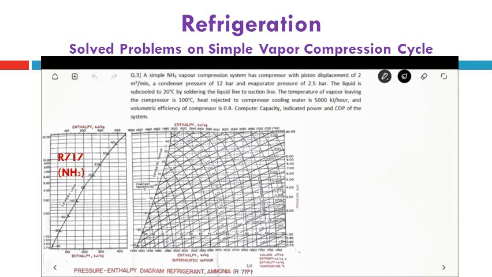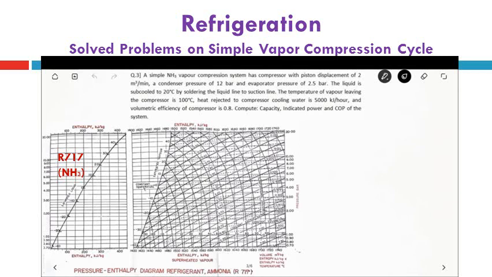The temperature of vapor leaving the compressor is 100 degrees Celsius. Heat rejected to the compressor cooling water is 5000 kJ per hour, and the volumetric efficiency of the compressor is 0.8. Compute the capacity, indicated power, and COP of the system.